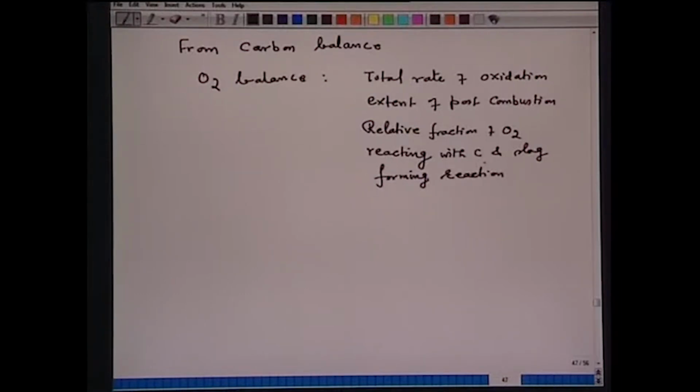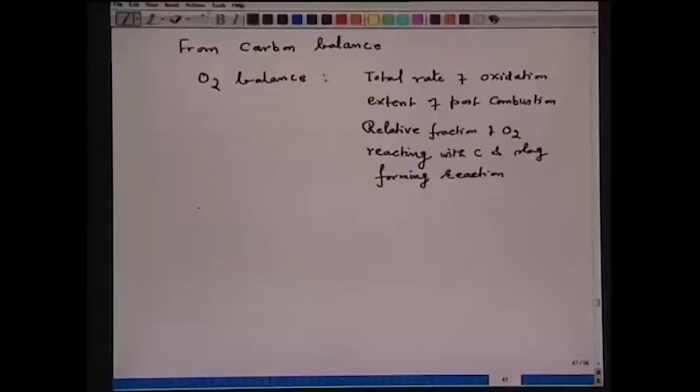Now, these balances are done online by the computer, and then we get time-bound information, or a time-bound control strategy which can be exercised. Then the enthalpy balance gives you the energy leaving the system. So, by doing the energy balance, one can find out the heat utilization or energy utilization.